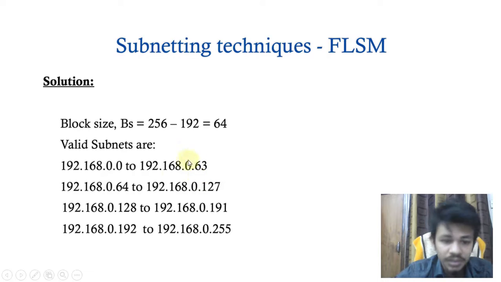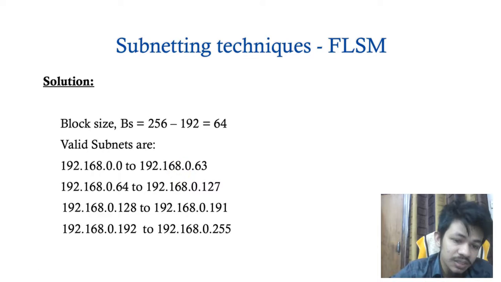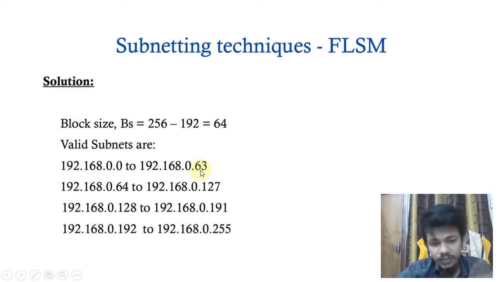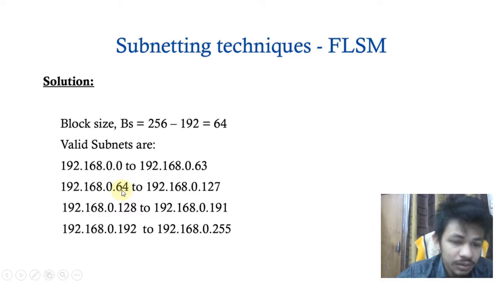This is the first subnet, and the second will start from the next of the broadcast address. This last IP address is called the broadcast address. How can we find the broadcast address? The first IP will be the network address and the last IP will be the broadcast address, and the next subnet will be the broadcast address of the first plus 1. That means 63 plus 1 equals 64. So 64 will be the next subnet address.